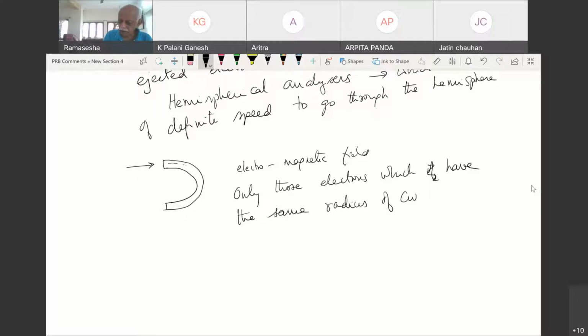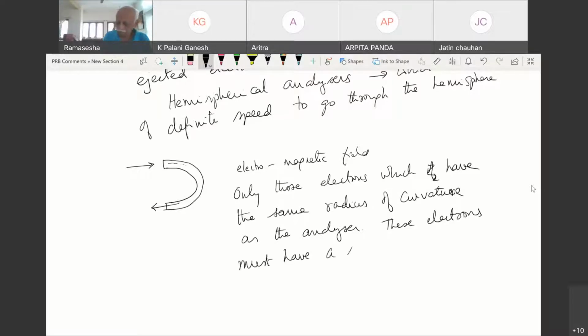They pass, okay, and that means that these electrons have a specific velocity for a given field. You remember the cyclotron, in which electrons are accelerated.